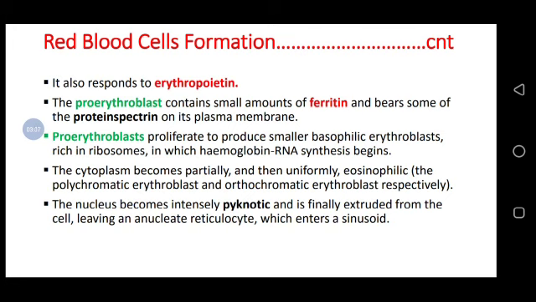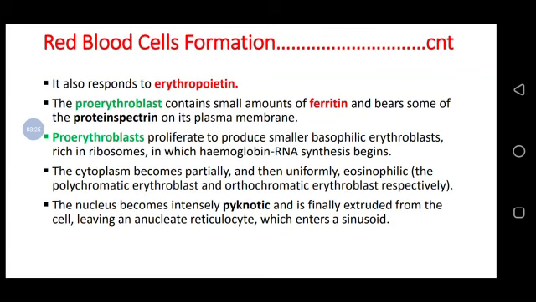So this pro-erythroblast contains a small amount of ferritin. This ferritin is ionic in form. This is the iron which usually they carry in the blood. What carries the blood and binds in the blood is ferritin. So this is the pro-erythroblast. Why does it contain a small amount of ferritin?